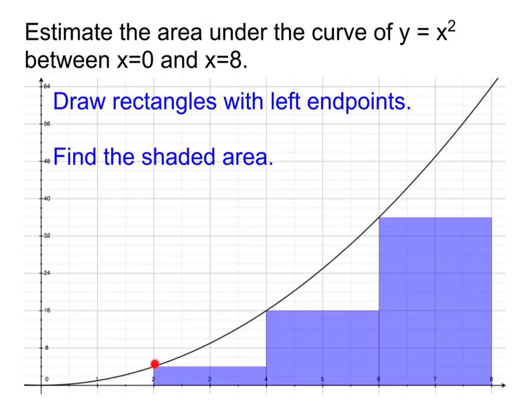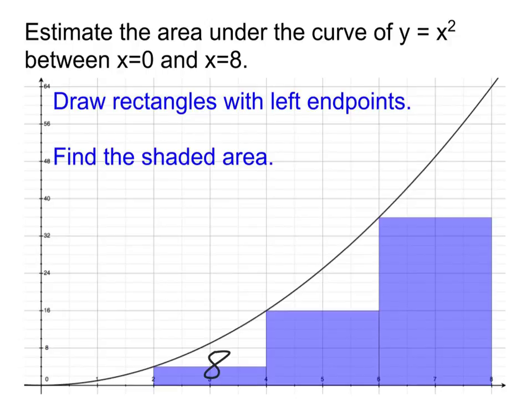And how tall is it? If you're not sure how tall it is, notice I'm over here at 2, that's where it's starting. This is the graph of x squared. Even if I didn't see this number, I could figure it out, because 2 squared gives me a y value of 4. So that is 4 tall, 2 wide, which gives me a total area of 8.